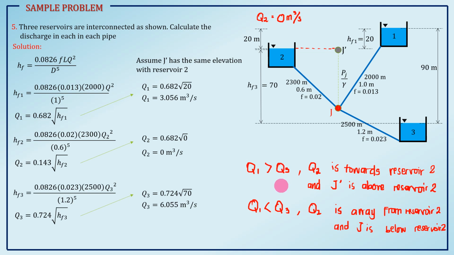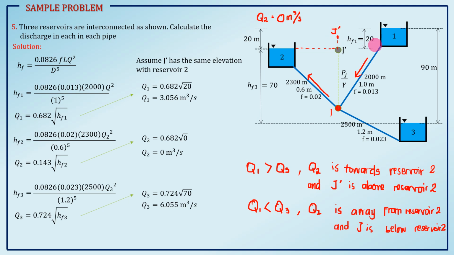If your Q1 is greater than Q3, your Q2 is going towards reservoir 2. So, Q1, or reservoir 1, is the one supplying. And from this checking, you found that Q1 is greater than Q3. So, your Q2 will go towards reservoir 2, and J prime is located above reservoir 2, somewhere there.